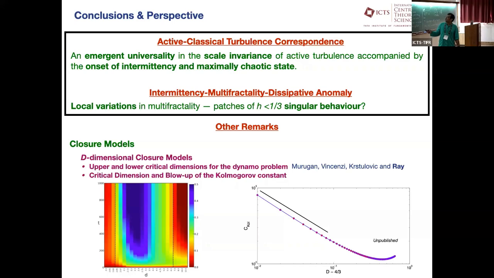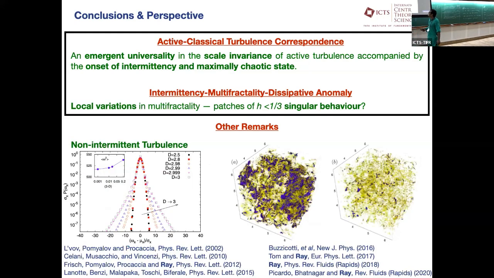We seem to predict that there is an upper and lower critical dimension between which dynamo action happens. That's all closure, beyond which you find no dynamo. And this is where I don't see Spenta. It's a question that Spenta had asked about the Kolmogorov constant, where again closures tell you a little bit about what happens to the Kolmogorov constant, how it blows up at D = 4/3.